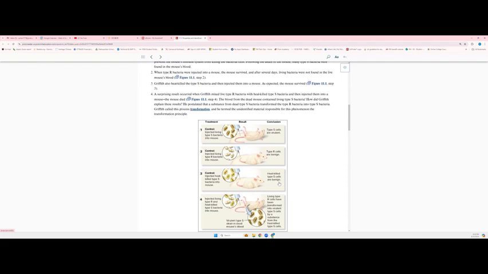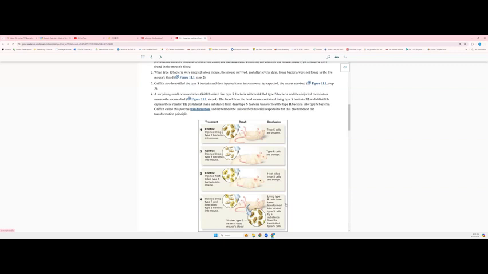That's why the mice survived. And then he injected a combination of R and heat-killed S into the mice, and the mice died. So that's weird, right? You inject R and heat-killed S individually, and the mice live, but when you put them together, the mice died.